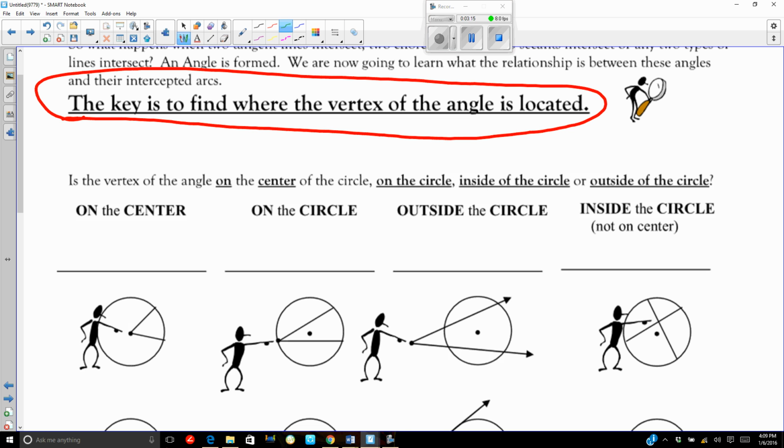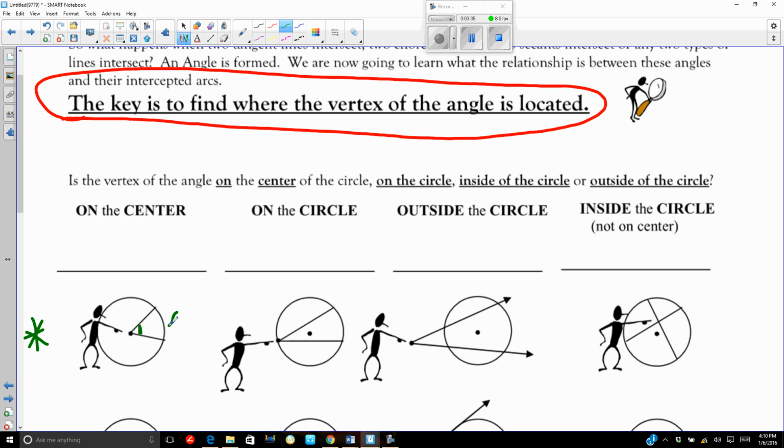So let's start with this diagram right here. Our little guy with no neck there should be pointing at this angle right here. I might label it angle 1. This, of course, you should recognize is a central angle because the vertex is at the center.